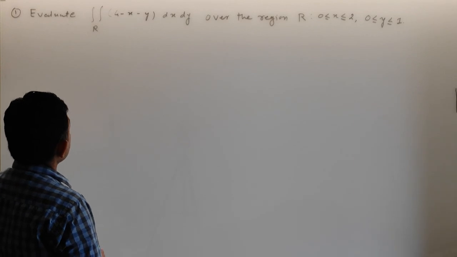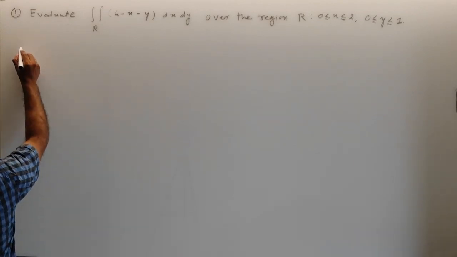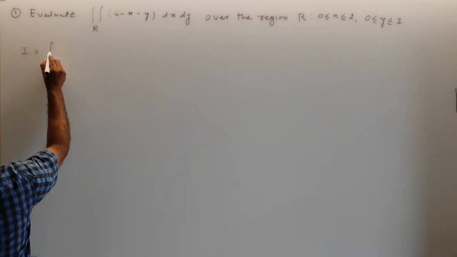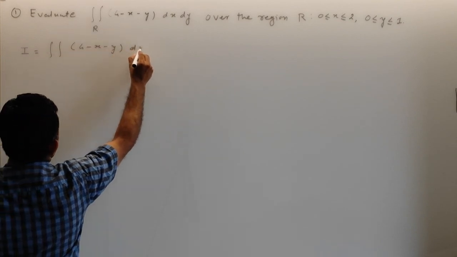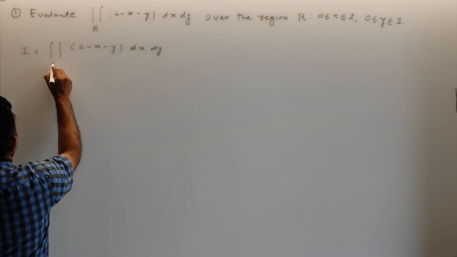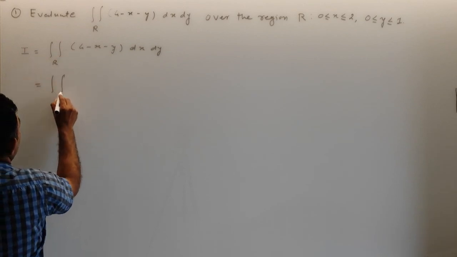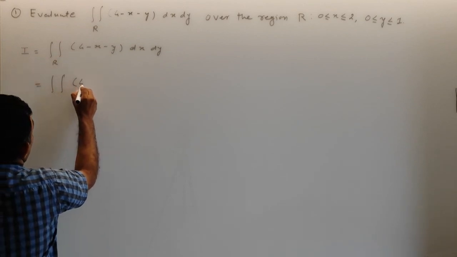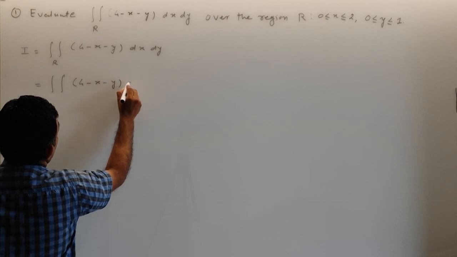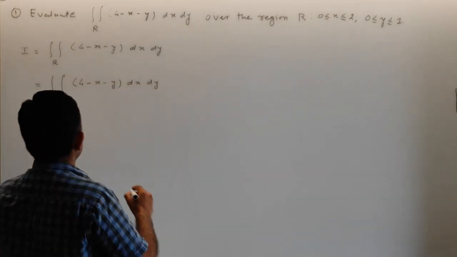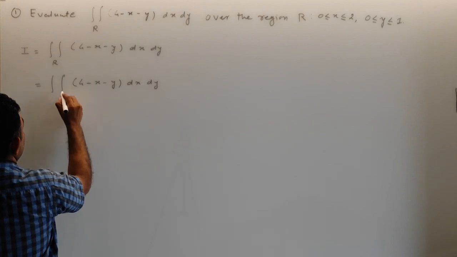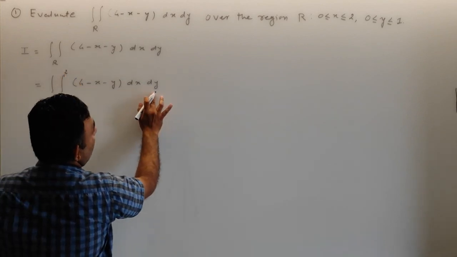Let us say I is equal to double integration of 4 minus x minus y dx dy over R, with limits of x from 0 to 2 and limits of y from 0 to 1.